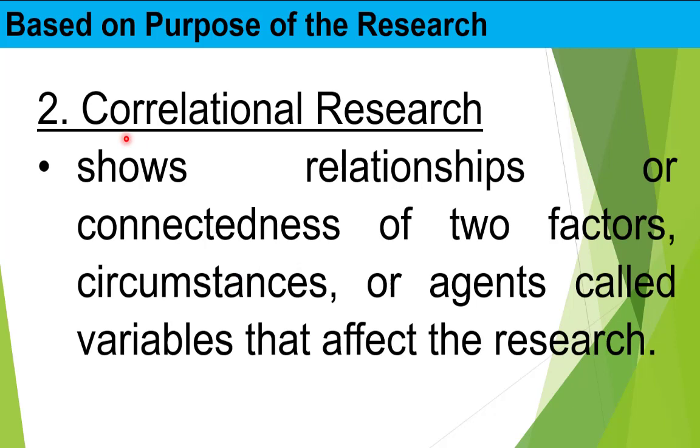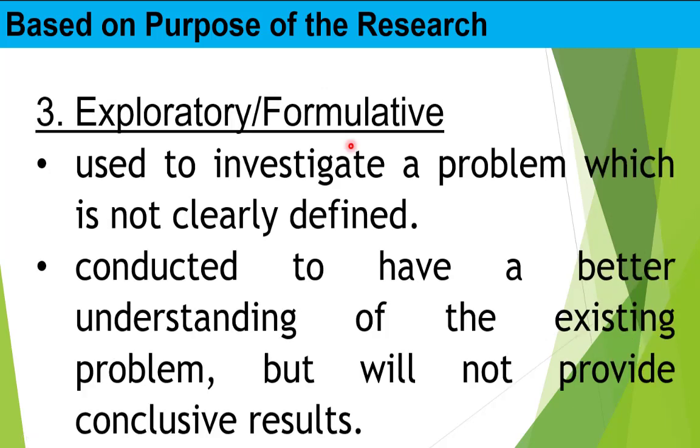Next, it could be correlational research. Correlational, meaning you want to find the relationships or connectedness of two factors, circumstances, or agents called variables that affect the research. For the correlational, you need more than one variable. Generally, it's two or more.